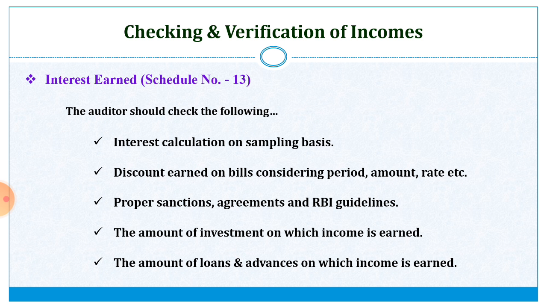Next one, the amount of investment on which income is earned. It means that when the bank deposits some money into other forms, meaning deposited into other banks or other institutions, other companies, or government securities, debentures, etc. Then the interest received on that investment should be recorded at schedule number 13.